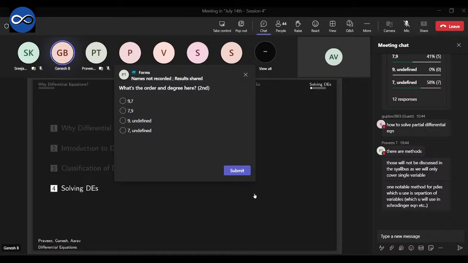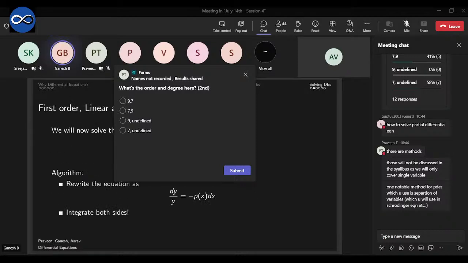And now we'll try to solve the most basic of all differential equations. We will consider a first order linear and homogeneous ODE. This is as simple as it gets. You have an equation of the form y dash plus some function p of x times y equals 0.